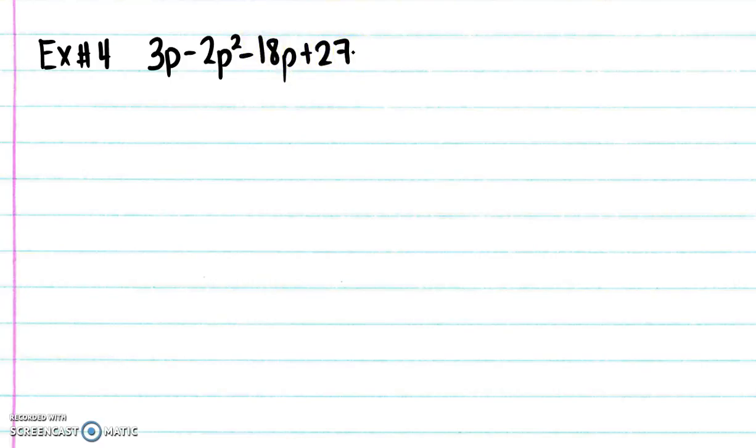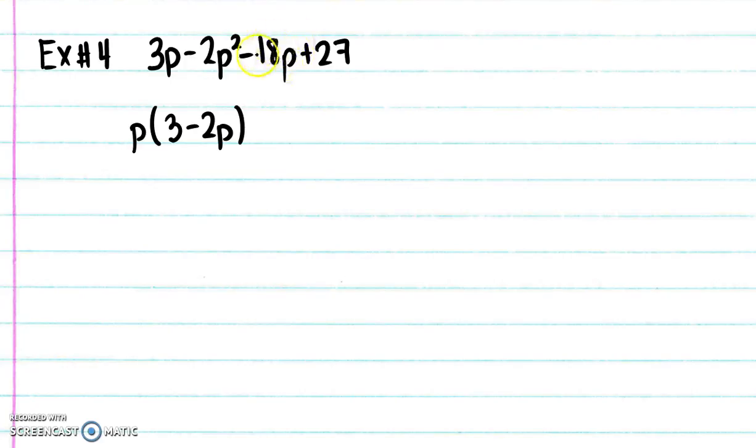Okay, so let's do this. 3p and negative 2p squared. The only thing I could take out is a positive p. That leaves me 3 minus 2p when I take out a positive p of the first 2 terms. Negative 18 and positive 27.